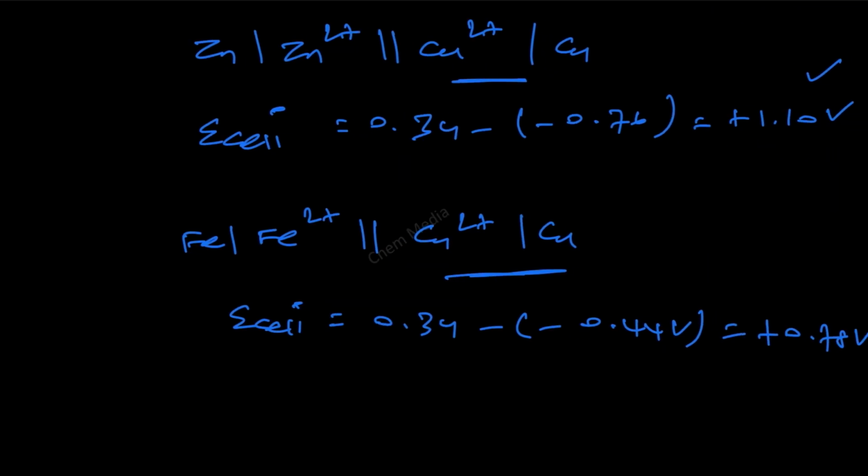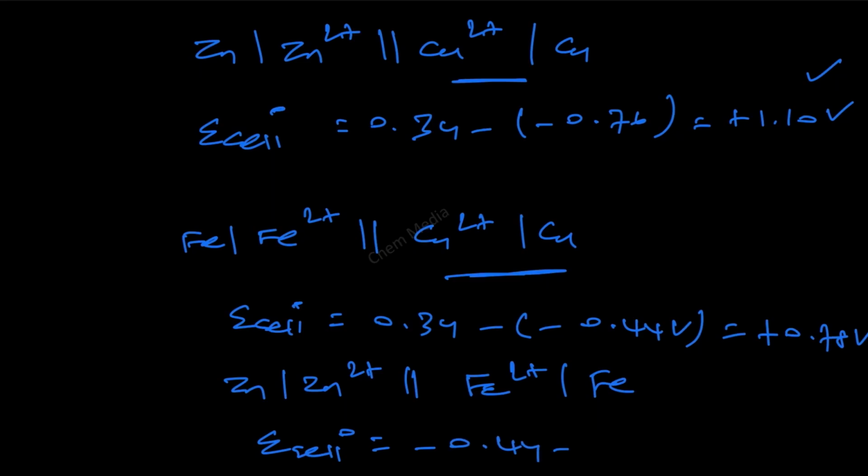And then finally, we have zinc and iron electrodes. So zinc, zinc 2 plus, salt bridge, and then Fe2 plus, Fe. Here E cell standard is equal to cathode minus anode, so minus 0.44 minus minus 0.76.